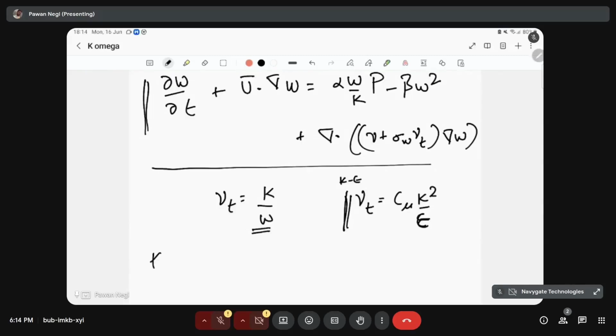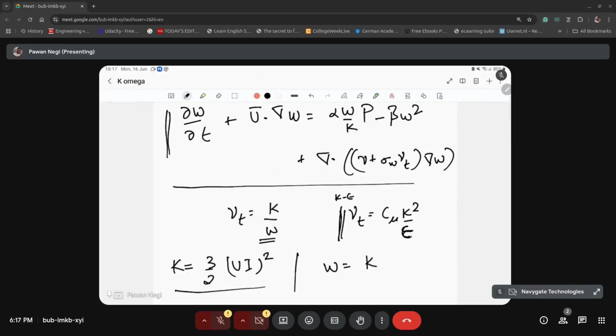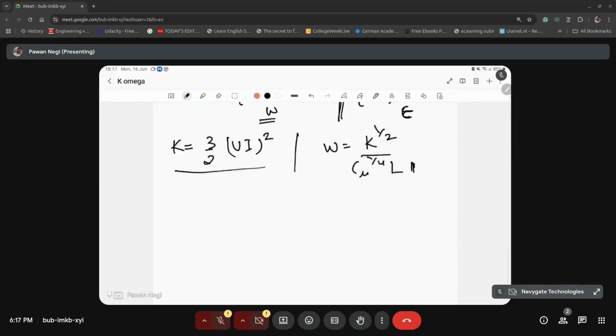For K, the calculation is the same. So K is calculated as 3 over 2 times u times I, whole squared, and omega is calculated using a similar formula as we have seen for epsilon, which is this, where L is the turbulent length scale, which is 0.07 times the hydraulic diameter.